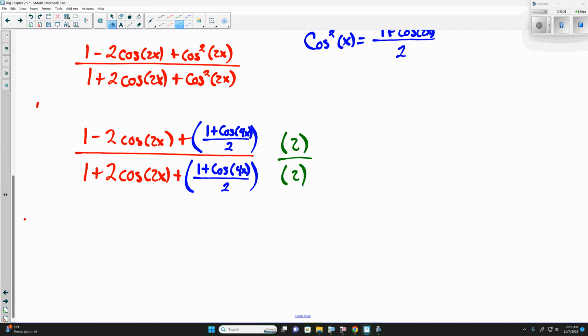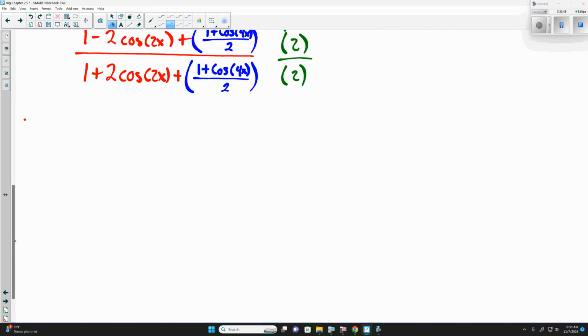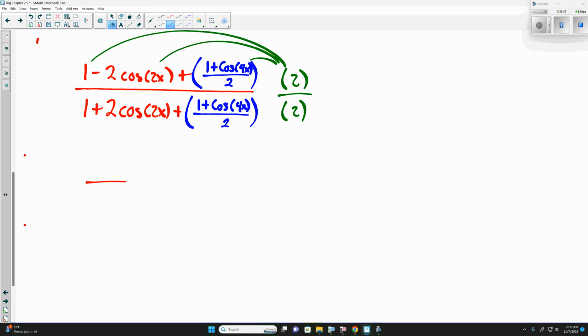And there's a reason we can do it. What is 2 over 2? So really, I'm just multiplying the entire equation by a fancy version of 1. But I have to do it to all 3 terms on top. Our 1 multiplied by 2 becomes 2.